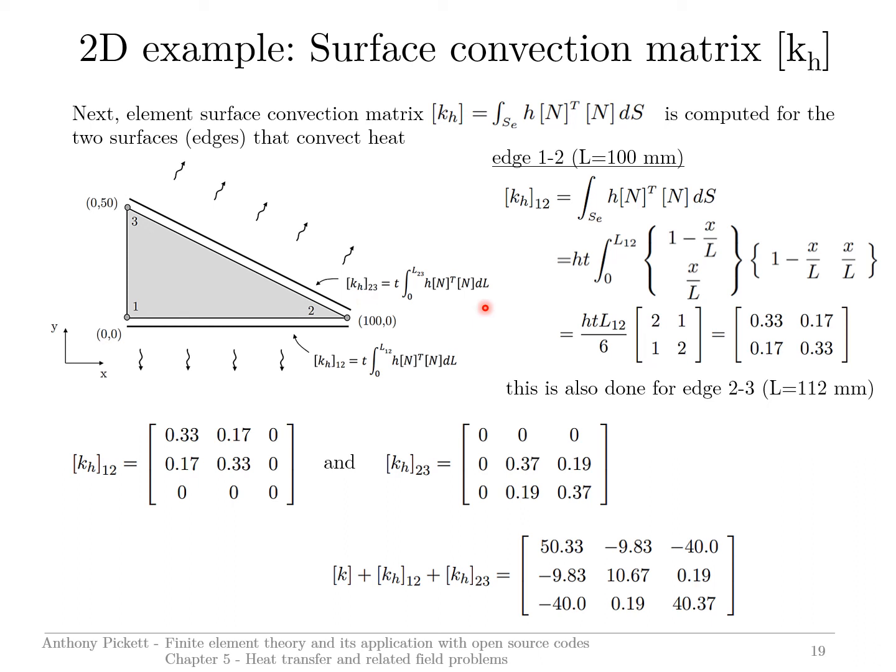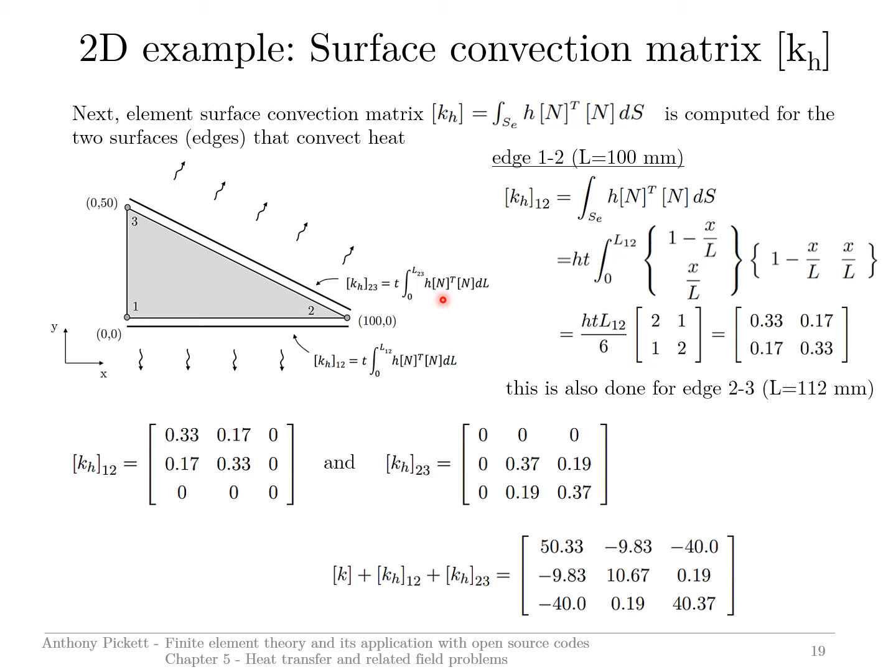If you were to look back to the slide where I summarized these expressions, you will see this. However, in this version, I have replaced the surface by the thickness, which is 1 millimeter, and we're going to be integrating over the length. And these N functions, the shape functions, are the shape functions for a 1D line element.